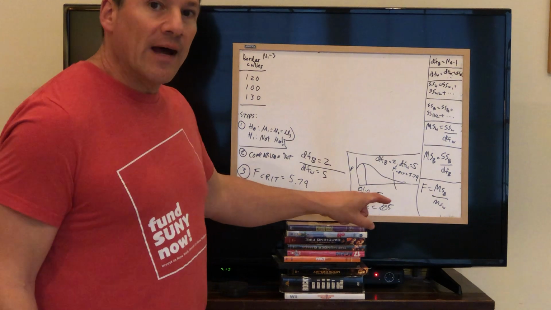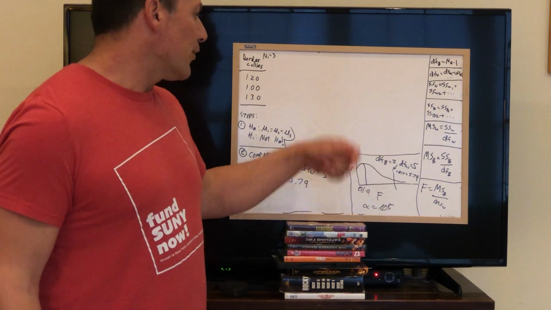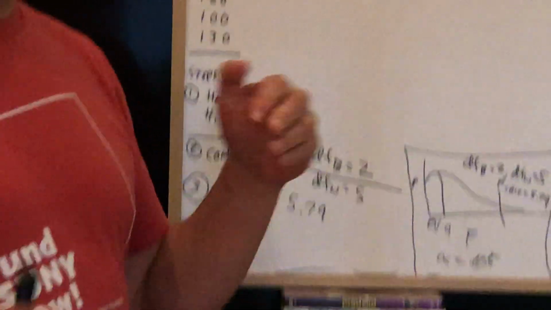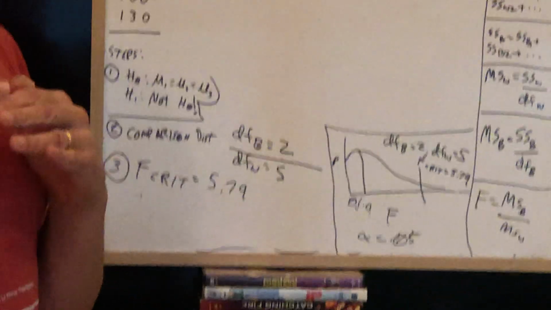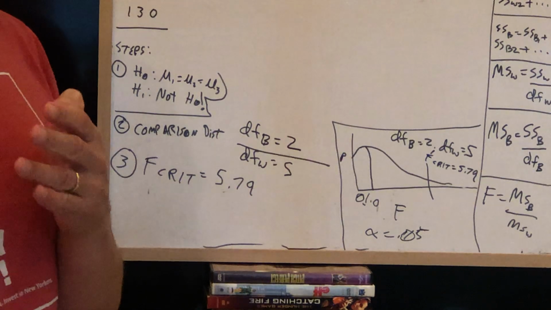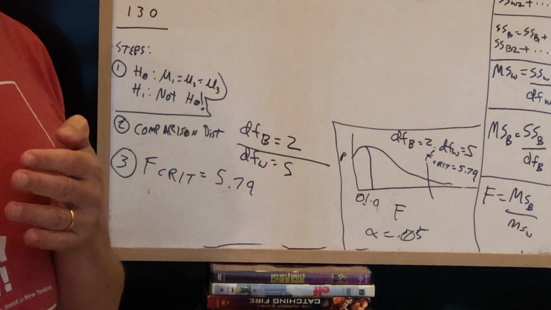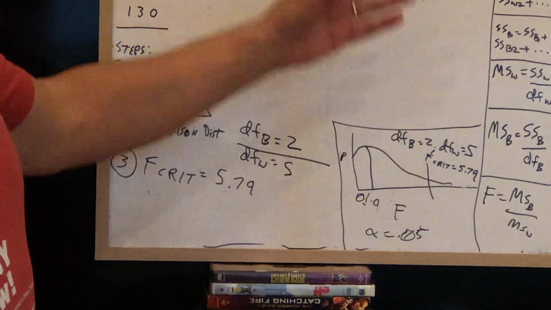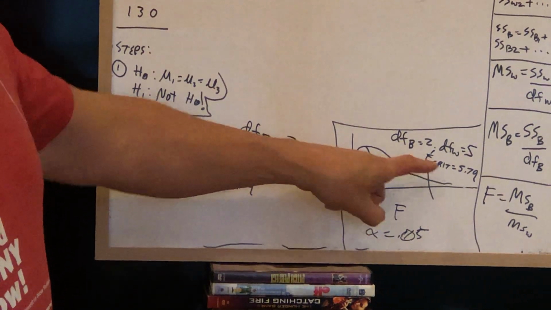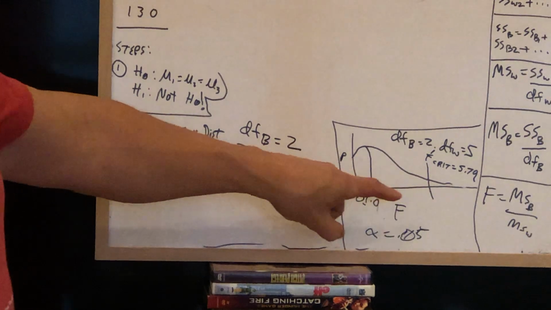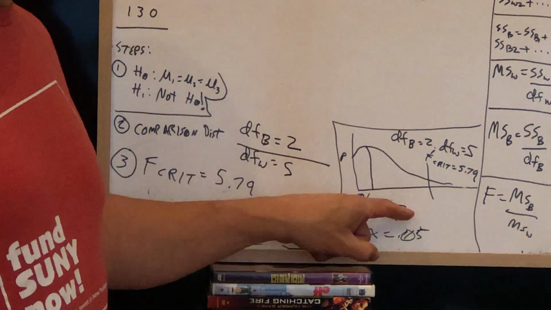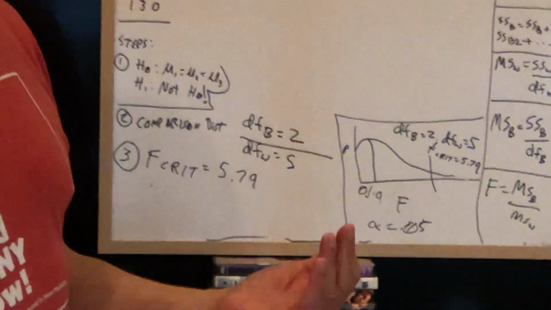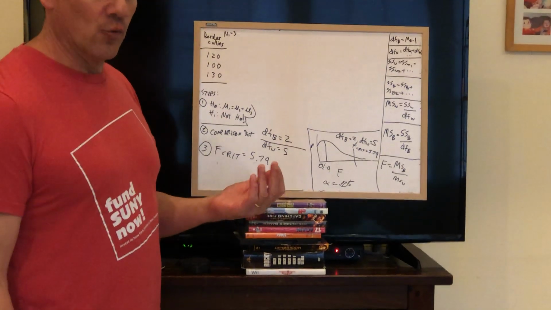That critical value is a function of the degrees of freedom between and within. So every F distribution is different depending on the number of between group degrees of freedom and the number of within group degrees of freedom. This particular F distribution is such that with an alpha of 0.05, the F critical is 5.79. But that will change with different degrees of freedom between and within.